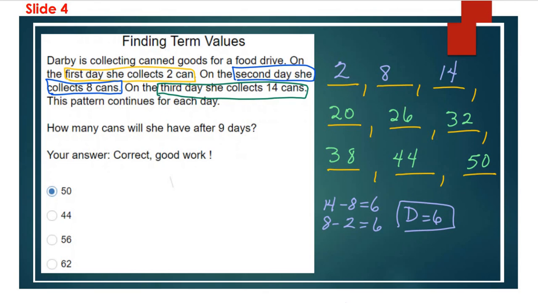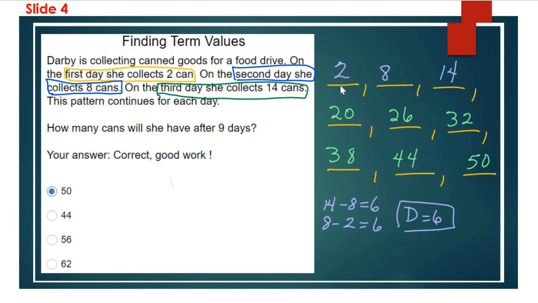Now on this one you have to find the term values. I have written out my blanks right here. On the first day she collected 2 cans, there's my 2. On the second day she collected 8 cans, there's my 8. And on the third day she collected 14 cans. Now, if this pattern continues for each day, how many cans will she have after 9 days?